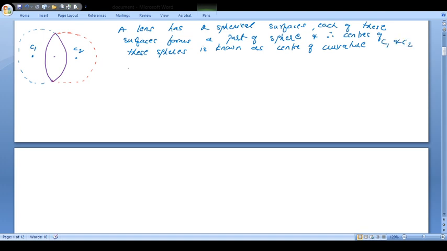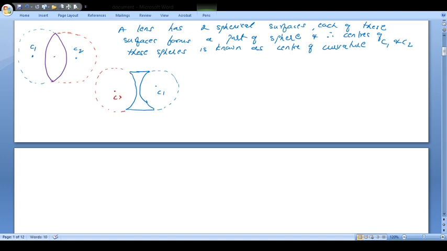Now if you have a concave lens, will it have one or two centers of curvature? Let's see. This is a concave lens. One part of the sphere is this, and this will be C1. Another part is like this, and this is going to be C2.